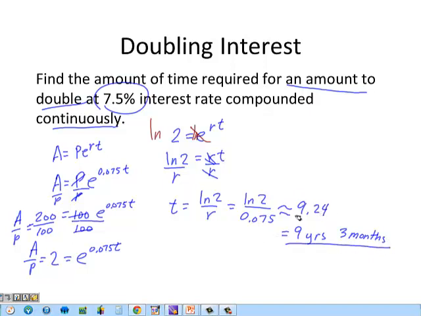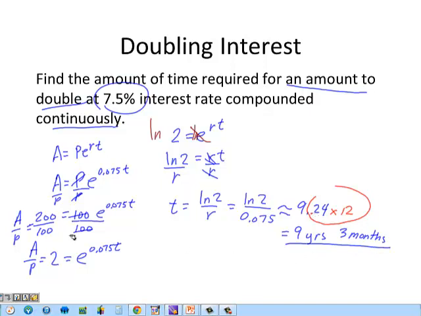Okay, so you take the 9 and you take this part right here and multiply this part by 12 and you should get about 3 months. Don't forget the decimal, otherwise it's not going to work.